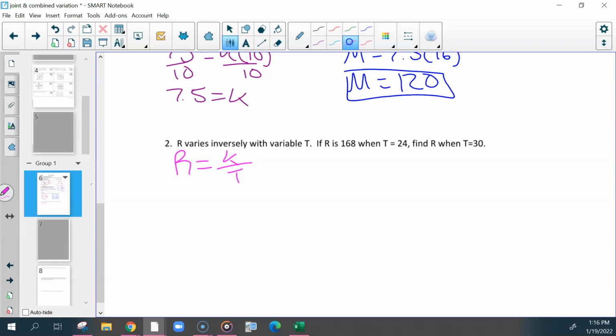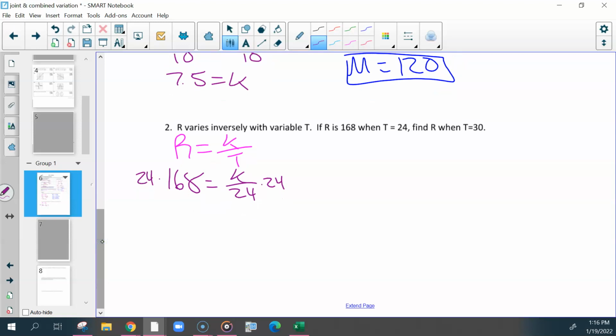Okay. Then they tell us that R is 168 and t is 24. How would we solve this for k? Multiply 24 on both sides.